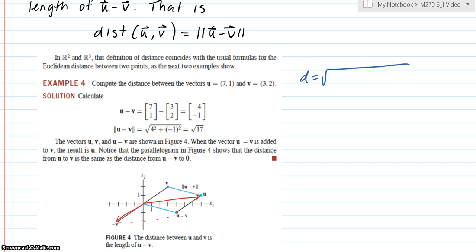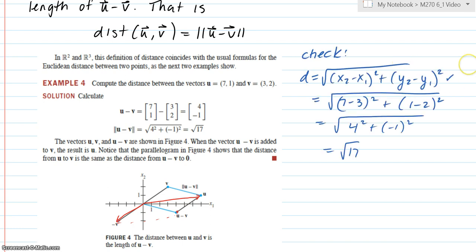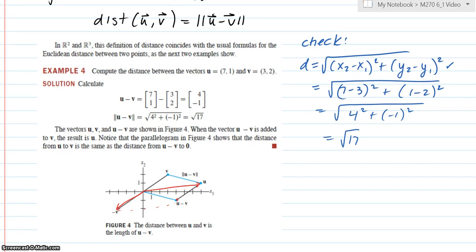Here's our distance formula that we used in algebra. If you call this x2, you call this x1, and you subtract them, you get the same formula. So it does make sense.